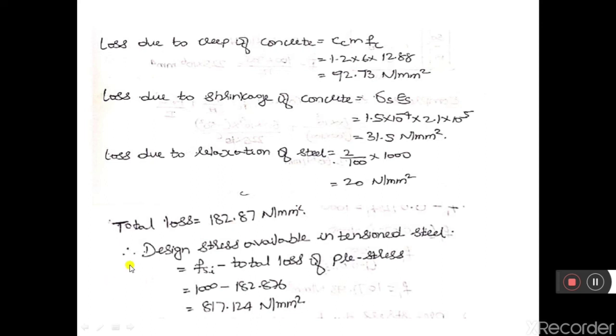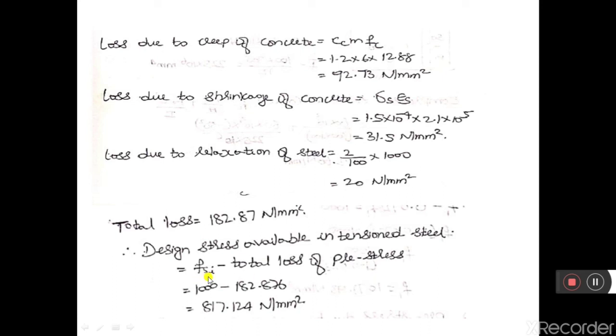And what will be the final design stress available in the tension steel? So the final stress available in the steel after deducting all the losses will be FSI minus total losses of pre-stress.